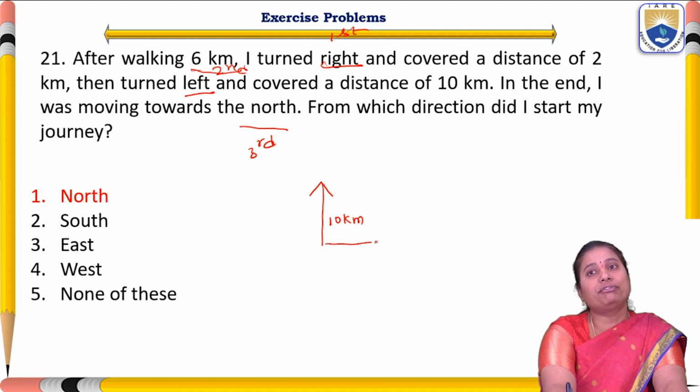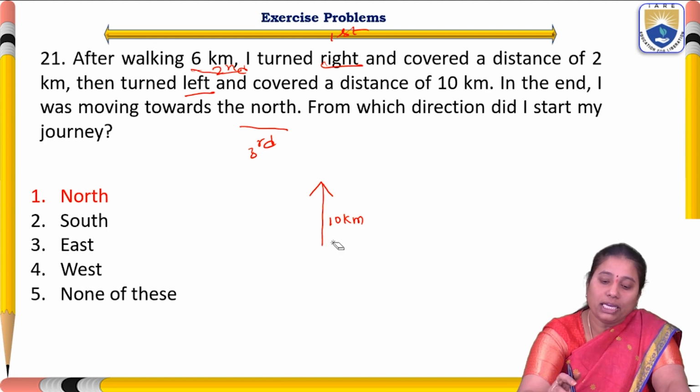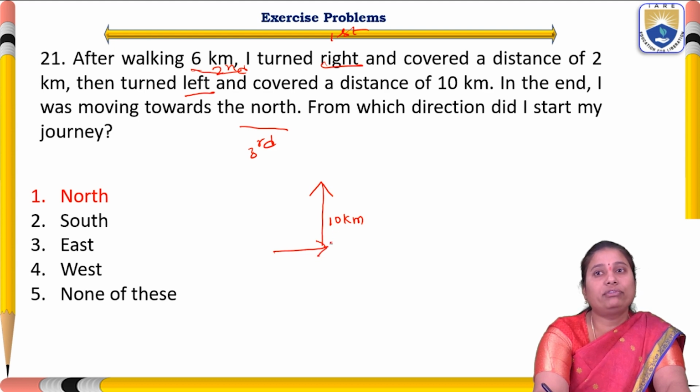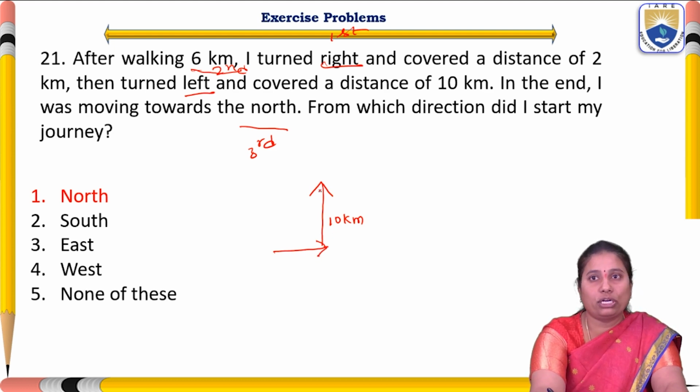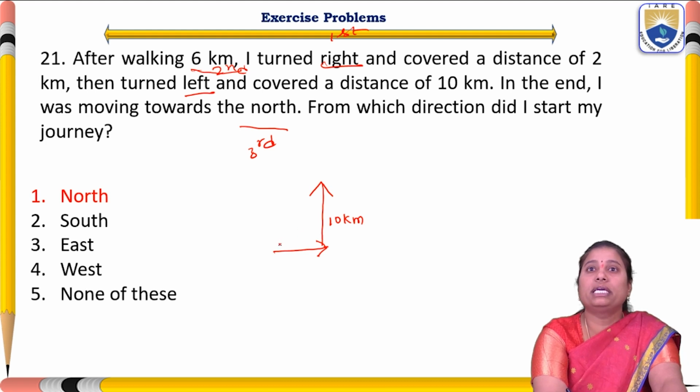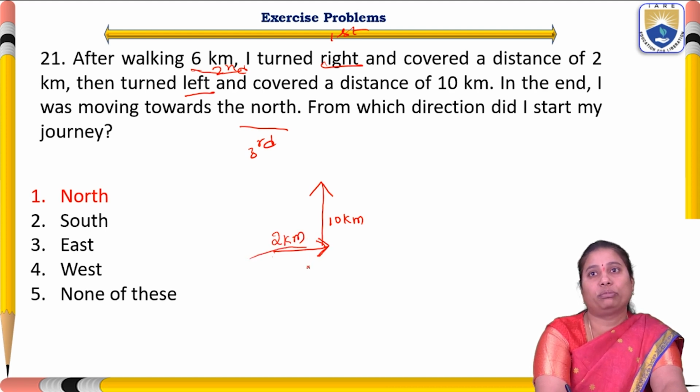If he is at the east direction, then if he turns to the left, only then will he go to this north one. That's why there also he has a distance of 2 kilometers. He has turned and covered a distance of 2 kilometers.